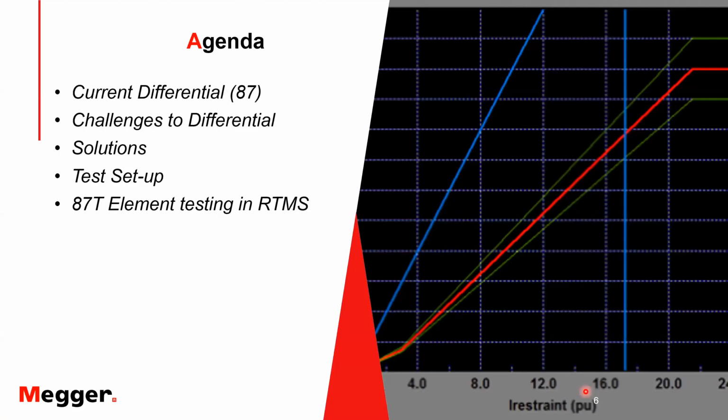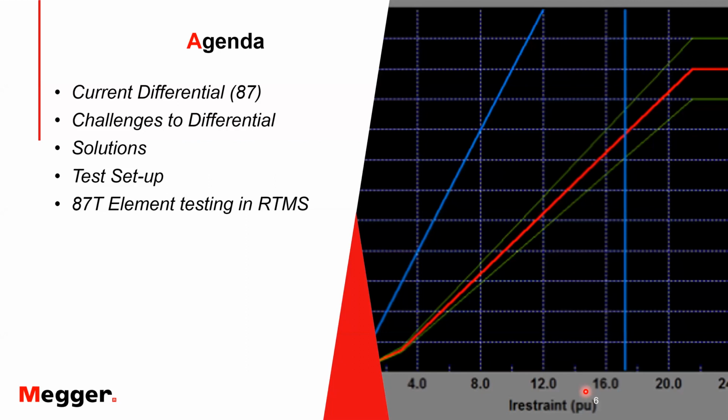So here is the agenda for today. I'll talk about the current differential, the concept behind current differential, how does it work, on what principle, and then we'll talk about what are some of the challenges that we come across, either when you're designing settings for differential or if you're testing a differential relay, what kind of challenges do we face, and we'll also discuss the solution for those challenges.